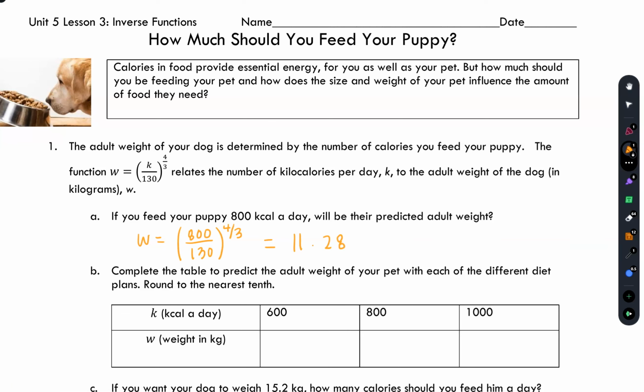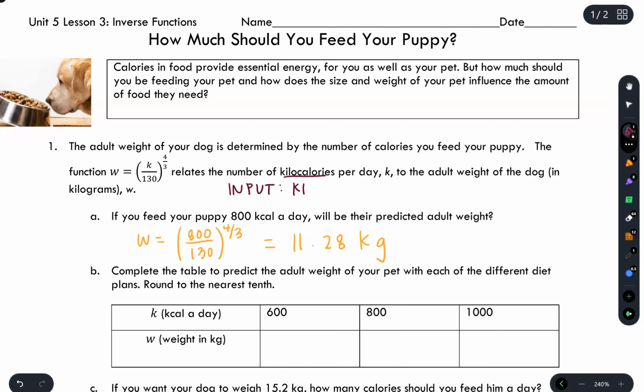and we are going to be in kilograms. Okay, so let's talk about something real quick. The input of this function was what? What was the input for this function? Or how about the units? The input is going to be kilocalories, yes.